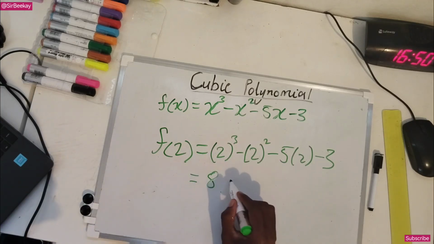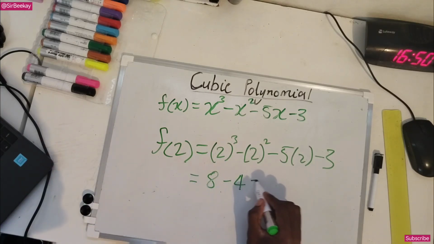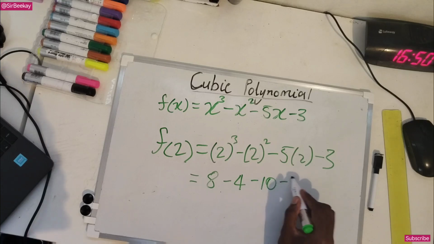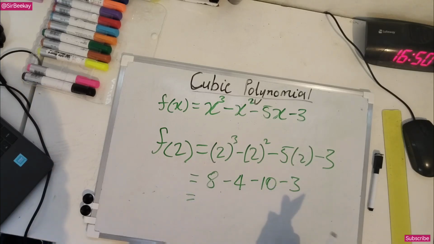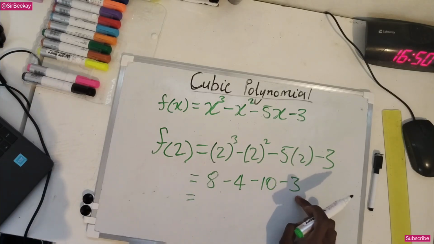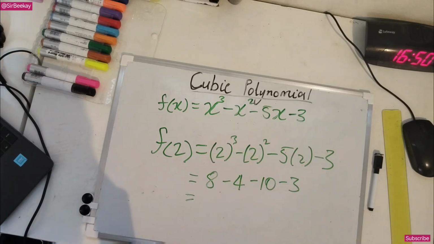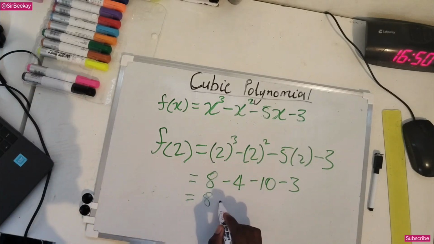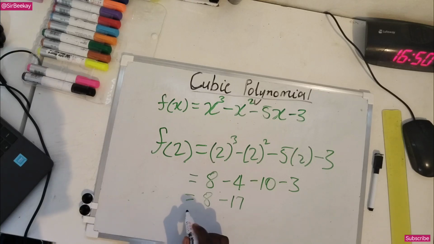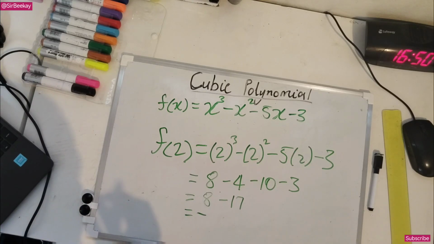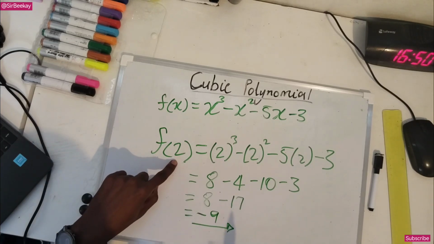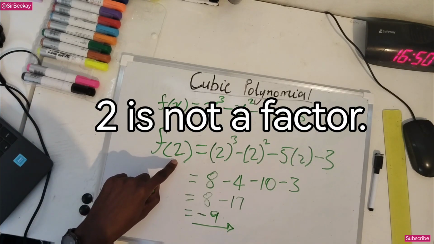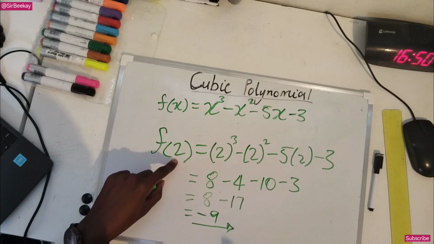This gives me 8 minus 4 minus 10 minus 3, which is going to give me negative 9. So it means that 2 is not a factor of this cubic polynomial.